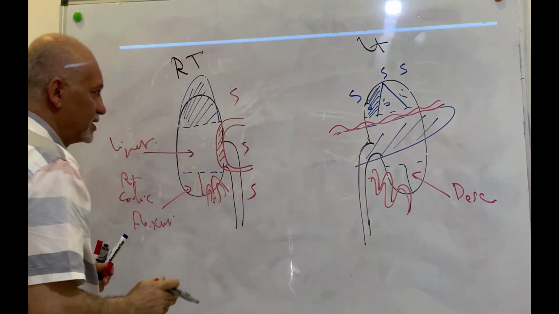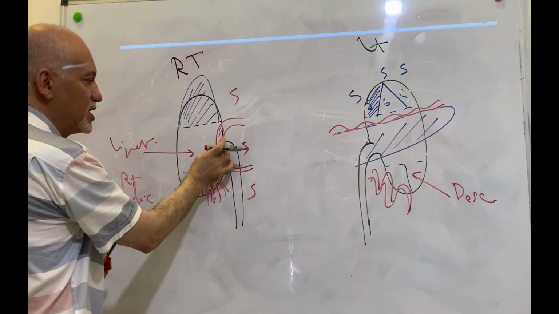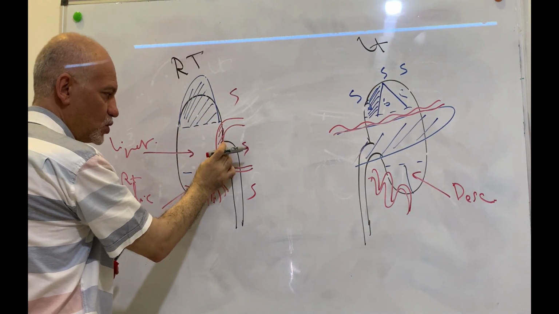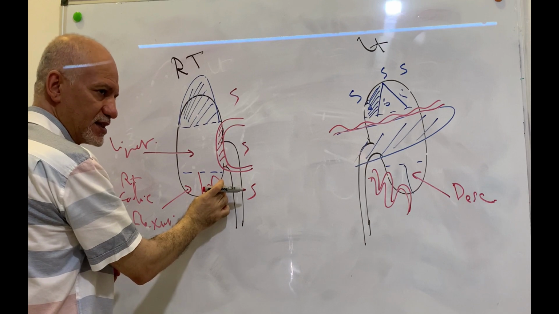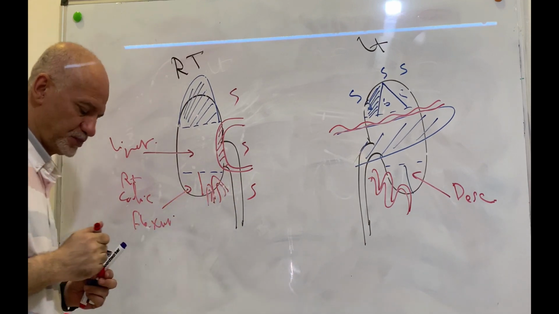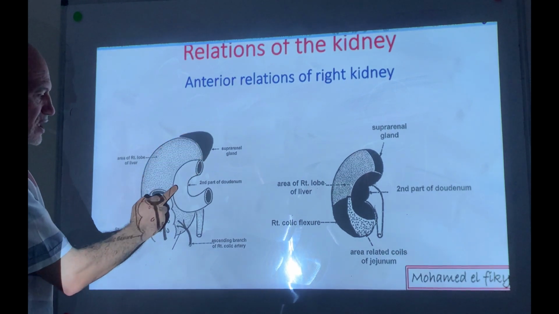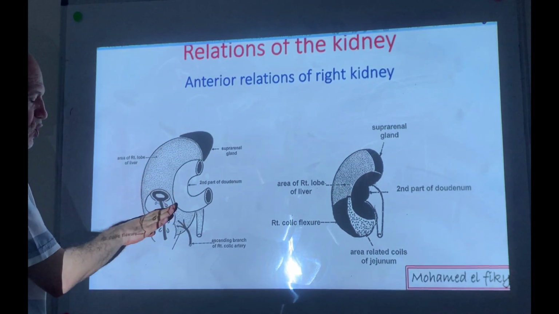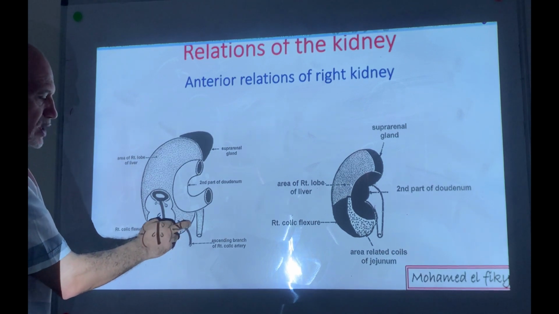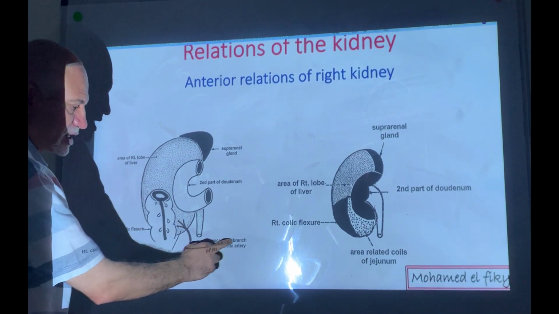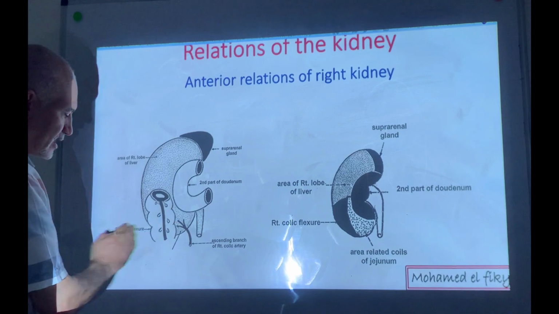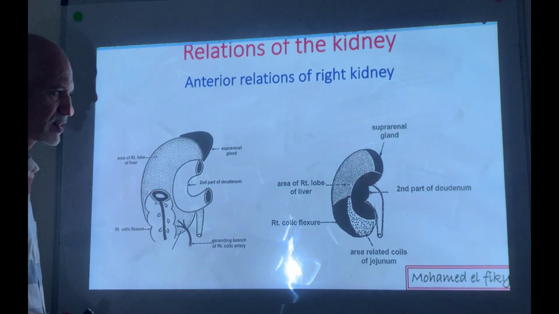S, but vertical. Suprarenal, medial part, second part of duodenum. Small intestine, or jejunum. Again, anterior relations of right kidney: suprarenal gland, second part of duodenum, liver, lower part, small intestine with the ascending branch of right colic artery and colic flexure.